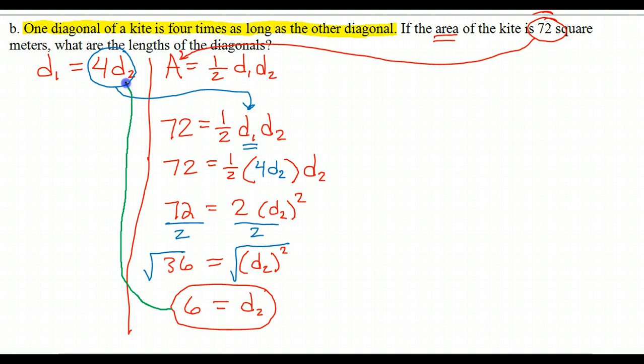So we can take this and substitute it back in to find diagonal 1. So this is going to become diagonal 1. They told us it was 4 times diagonal 2. So now we can see that that's going to be 4 times 6. So that means diagonal 1 is 24.